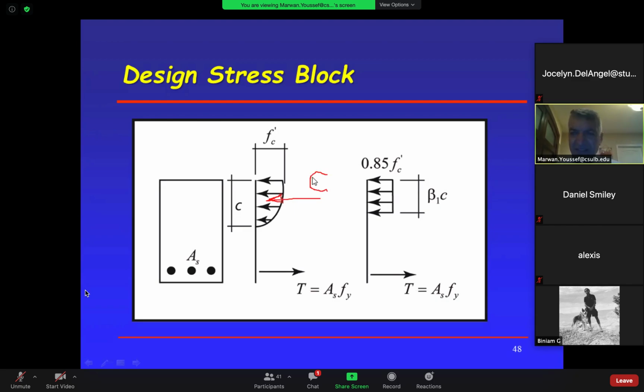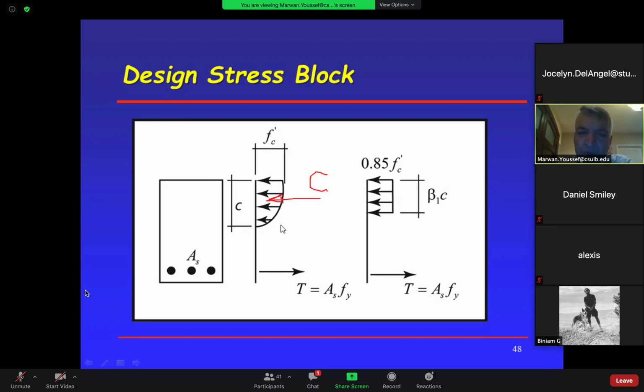From calculus, right? Calculus 1, we know that the area under the graph is equal to the force here, right? This force equals the area under the graph. How do I calculate the area under the graph? I need to know the equation of this parabola function. Usually f of x is x squared plus something, right? That's a parabola.